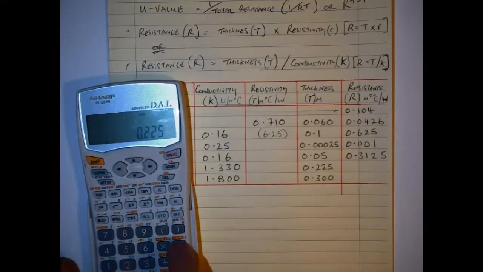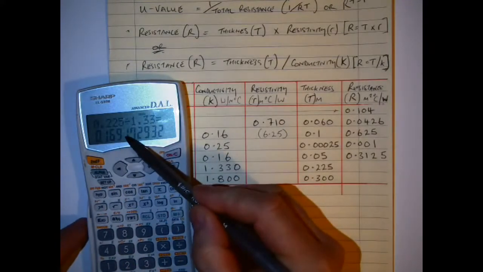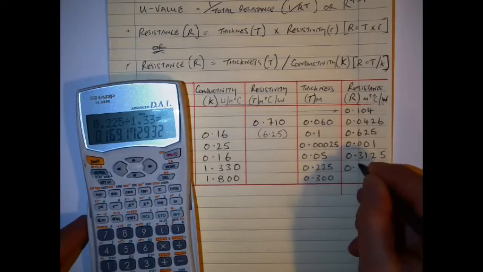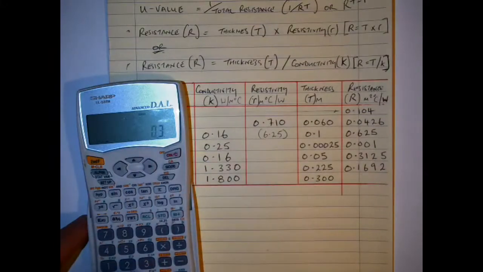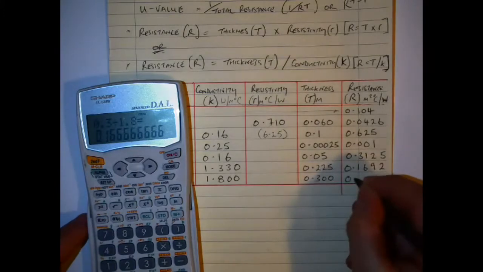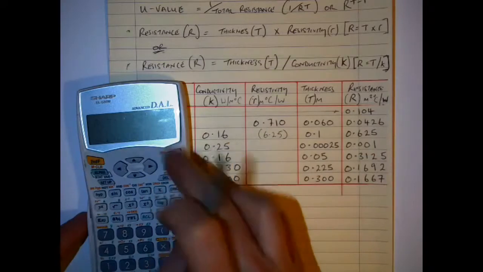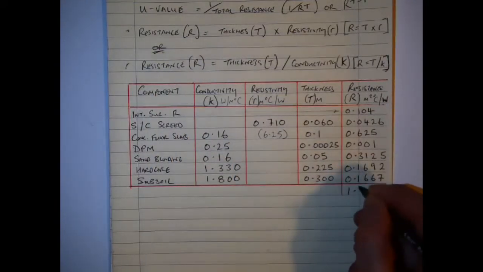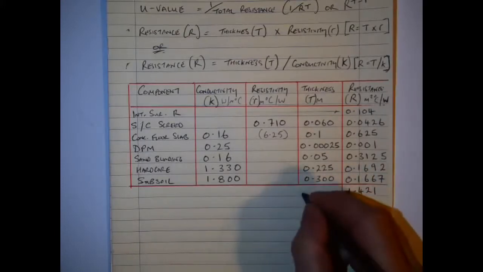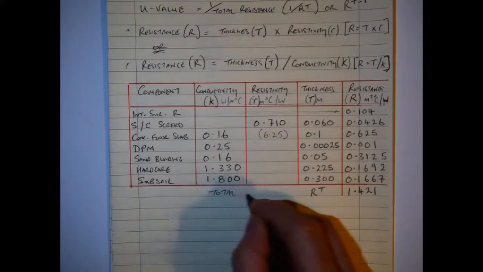So here, 0.169, and if I wanted to take that 7 up to a 2, that'll be fine. It'll not make a huge difference if a figure changes in the 4th decimal place. Instead of continuing with the 6's, I just brought that up to the 7. So add up each of your values to get the overall, total resistance.